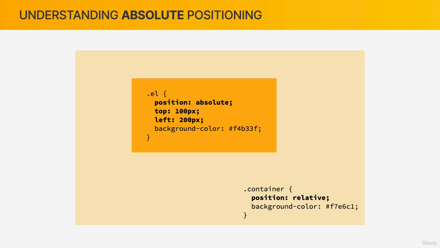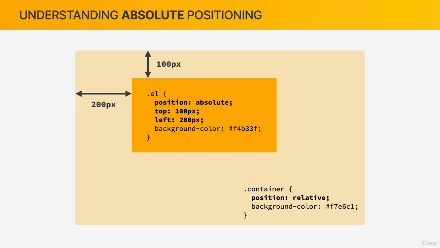And it also has the top set to 100 pixels and the left set to 200 pixels. And so therefore, it will be located exactly 100 pixels from the top of its relatively positioned container element and 200 pixels from the left of its, again, first relatively positioned container element.